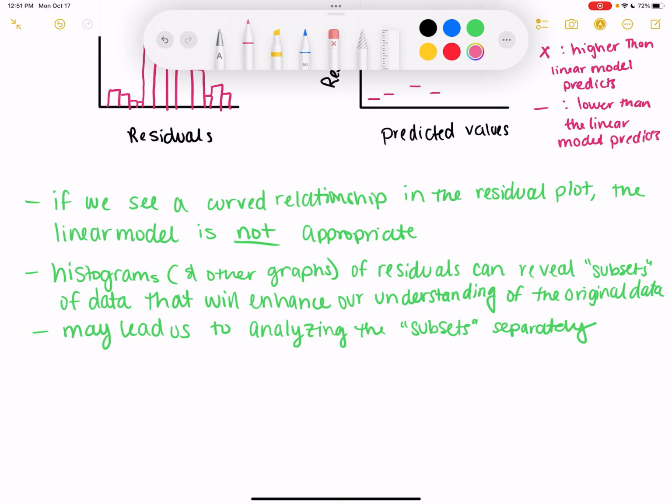So at times we have some hard to see curves. So this is saying that sometimes the scatter plot looks straight enough.